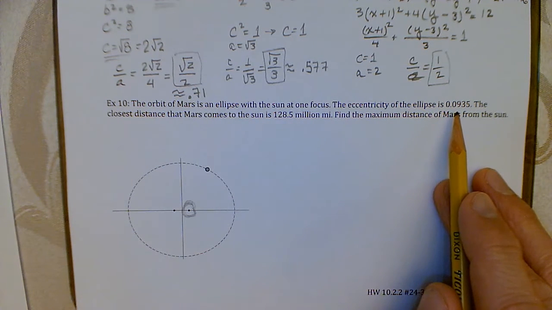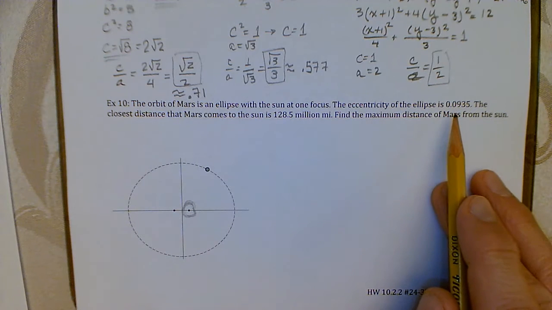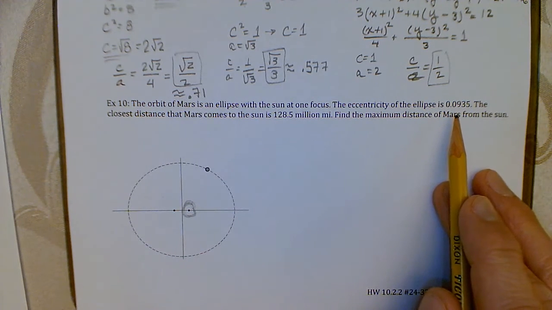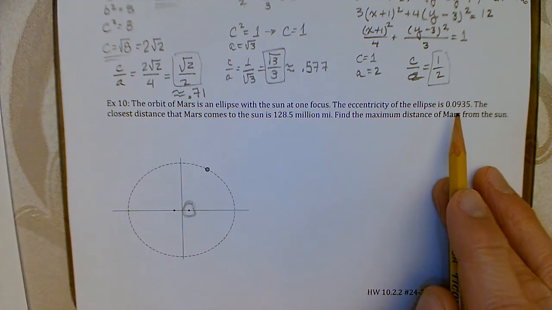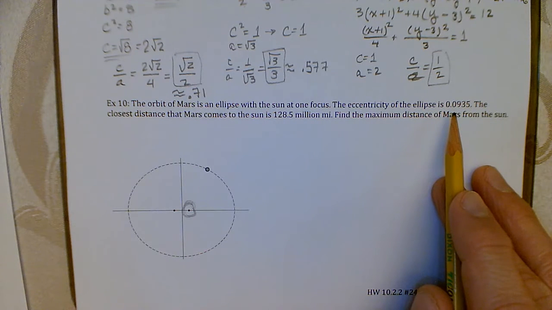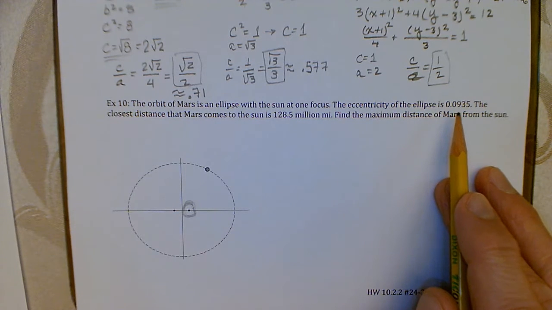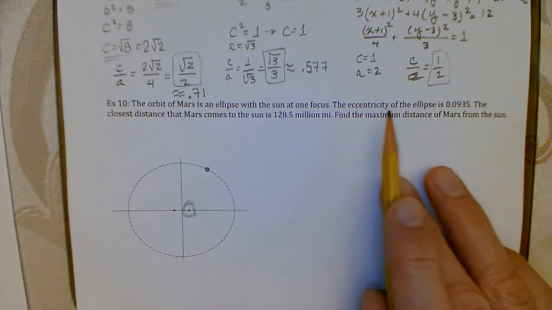A lot of the planets' orbits are very roundish, and that's why for centuries physicists and astronomers, people that looked up at the stars, thought that the planets' orbits were circular because they just didn't know any better, and they weren't that far off. They were a little off, but they didn't understand why.